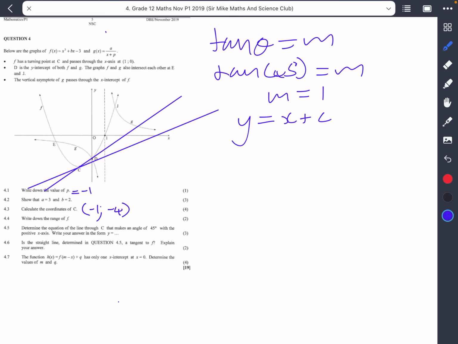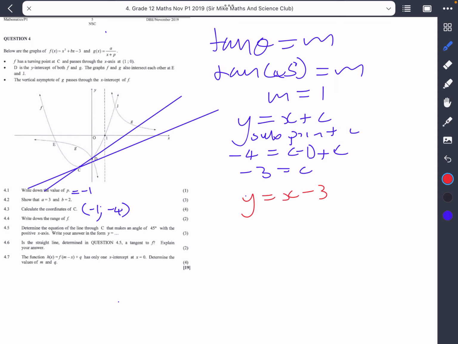So I would have -4 being equal to -1 plus c. So you would get an answer of -3 being equal to c. So we know that the value of c is -3. So now we have our equation being y equals x minus 3.